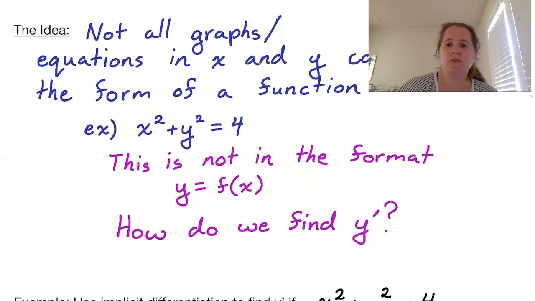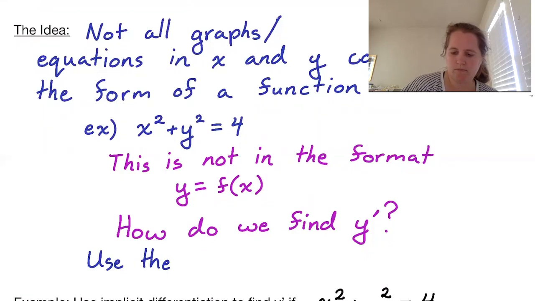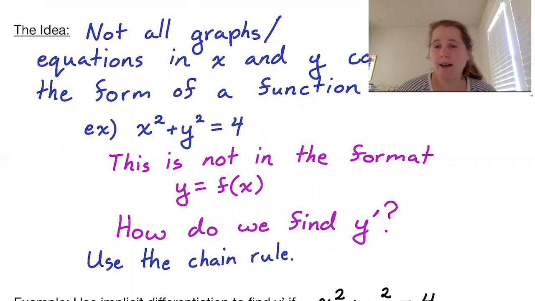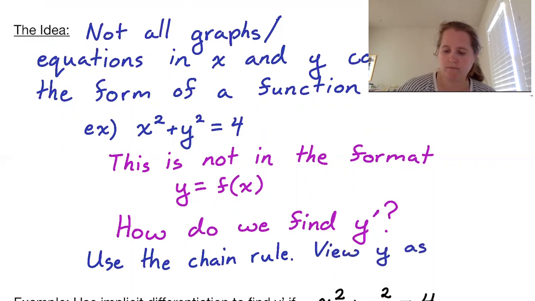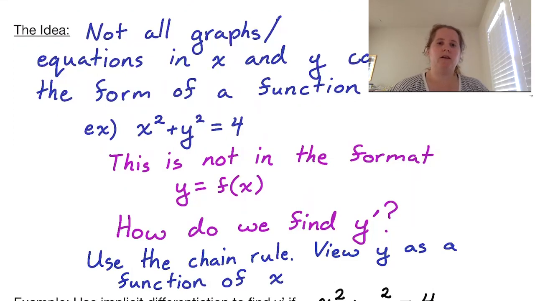So what we are going to do is we are essentially going to use the chain rule. We will view y as a function of x. And we can differentiate anything involving y with respect to y before we differentiate with respect to x.